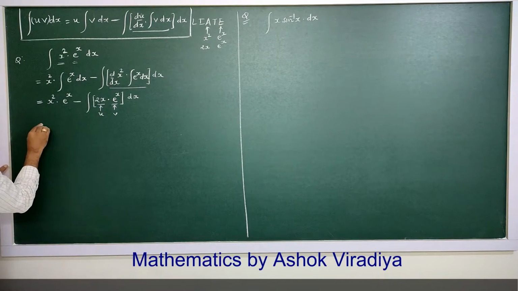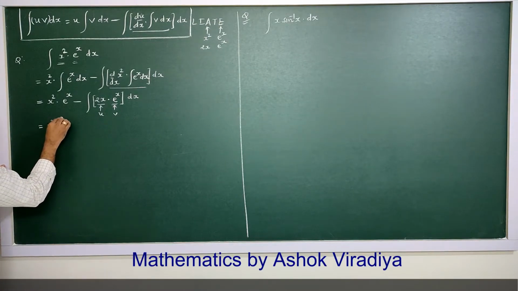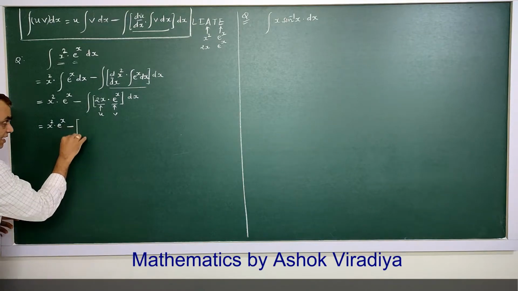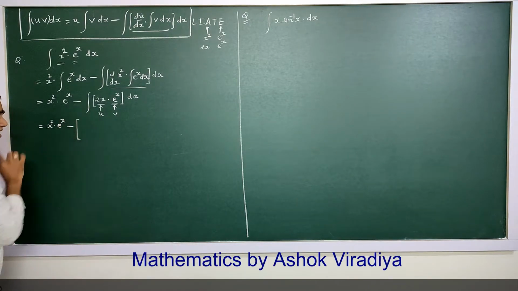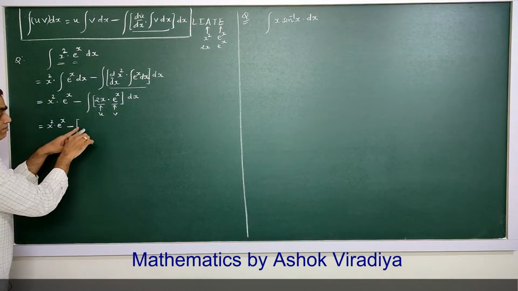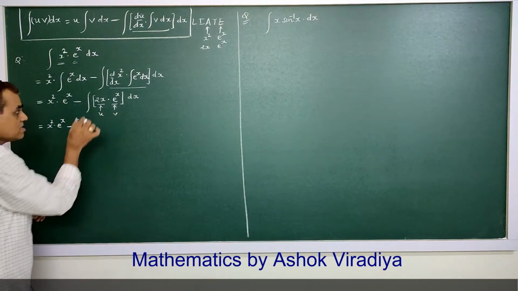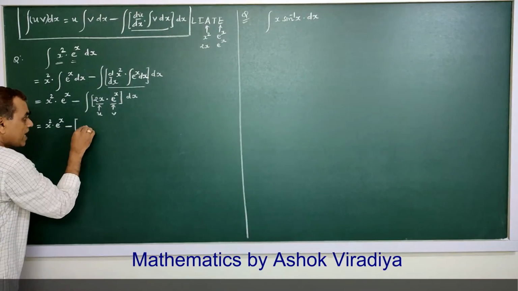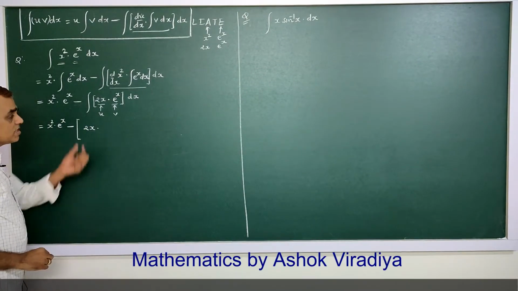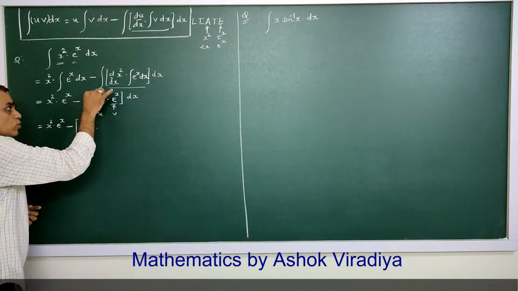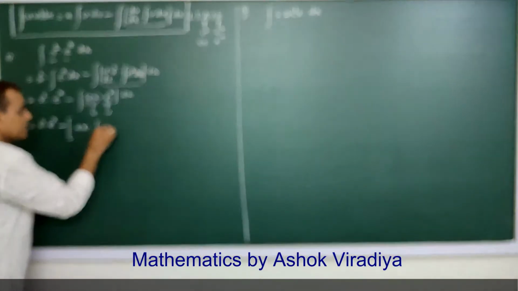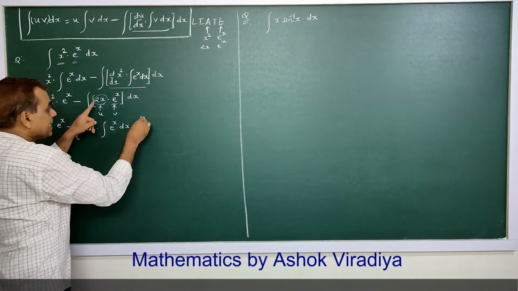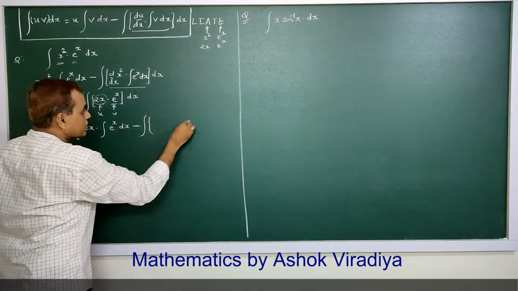So this is equal to x square into e raised to x minus, now use a bracket because this is the main sign. Now in the big bracket, applying this formula once again: u as it is, integral of v with respect to x, minus integral of box.